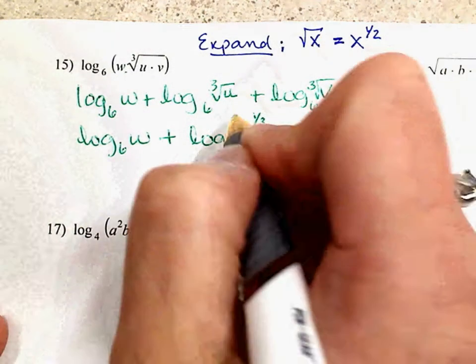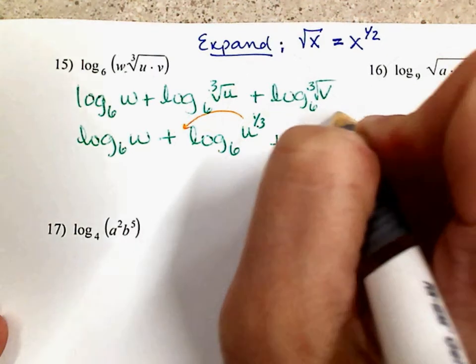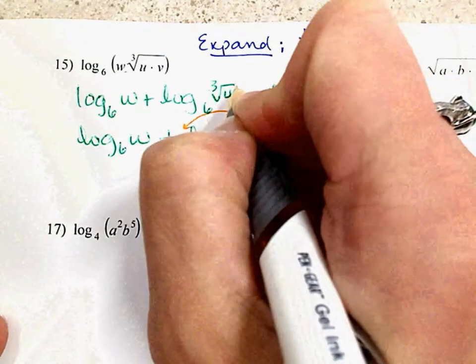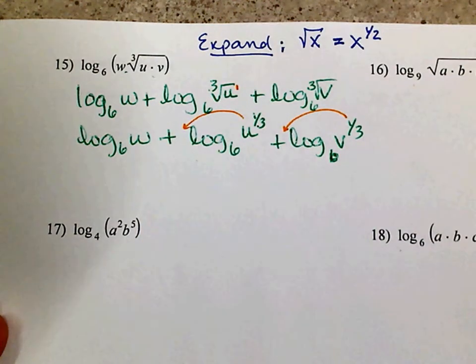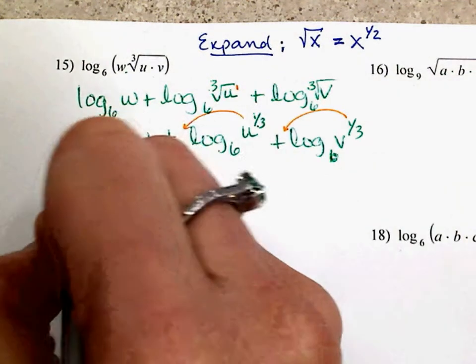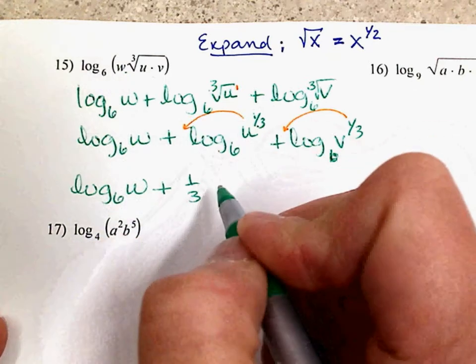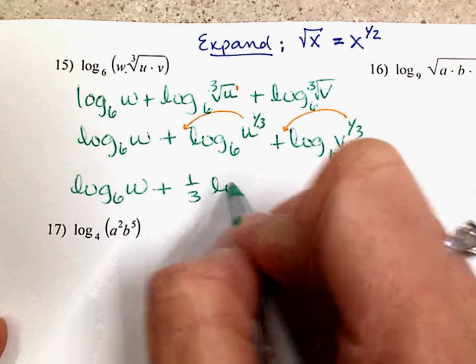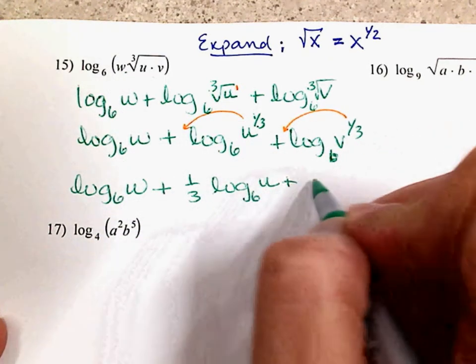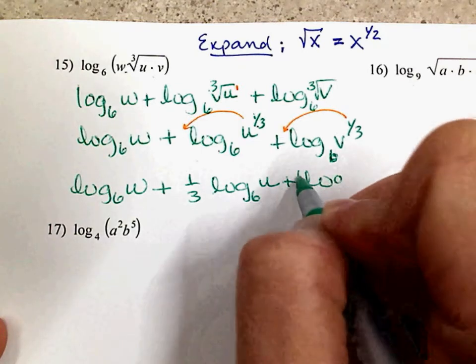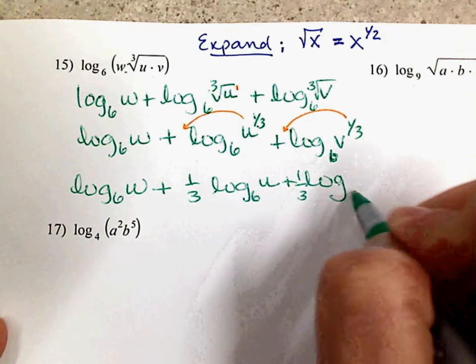And what happens to your exponent? I'm going to bring it to the front, because there's an understood one there. That's where I got 1/3 from. So your final answer is log base 6 of w plus 1/3 log base 6 of u plus 1/3, beg your pardon, log base 6 of v.